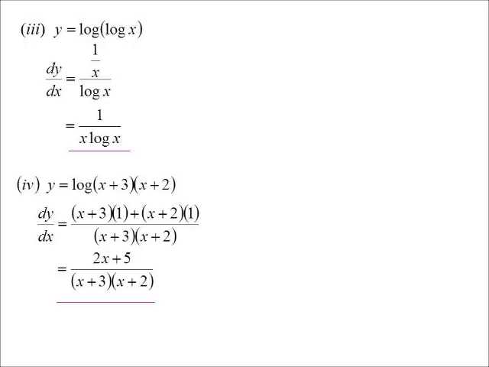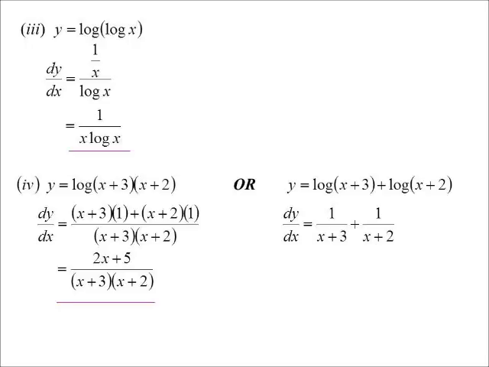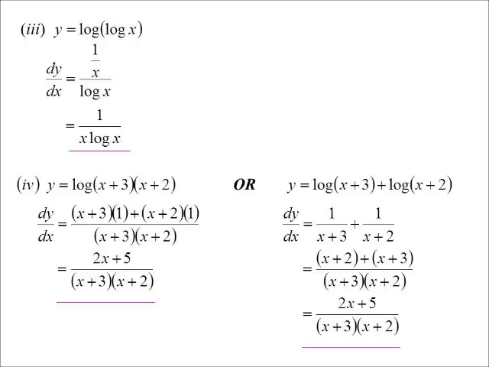Or I could use my log laws and break them up into 2 logs, and it becomes the log of x plus 3 plus the log of x plus 2. And then to differentiate that, each individually is derivative over function. So 1 on x plus 3 plus 1 over x plus 2. If I then do some algebraic fractions, I end up with the same result.